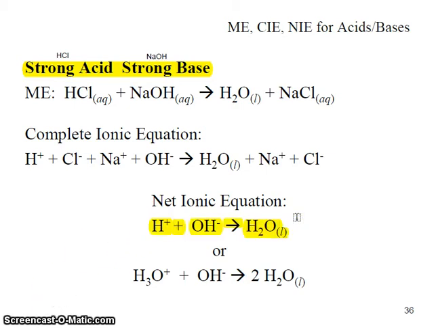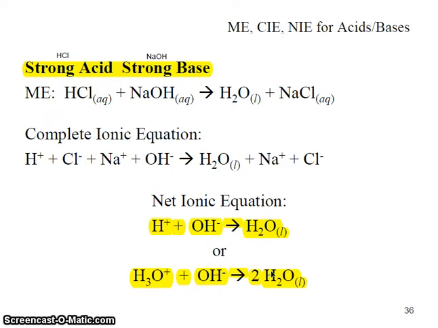Of course, if you add a molecule of water on both the sides, you can even write it in a more modern method, that hydronium ion, which is this H3O plus, and hydroxide gives you 2 moles of water, something we are going to discuss in good detail in general chemistry too.